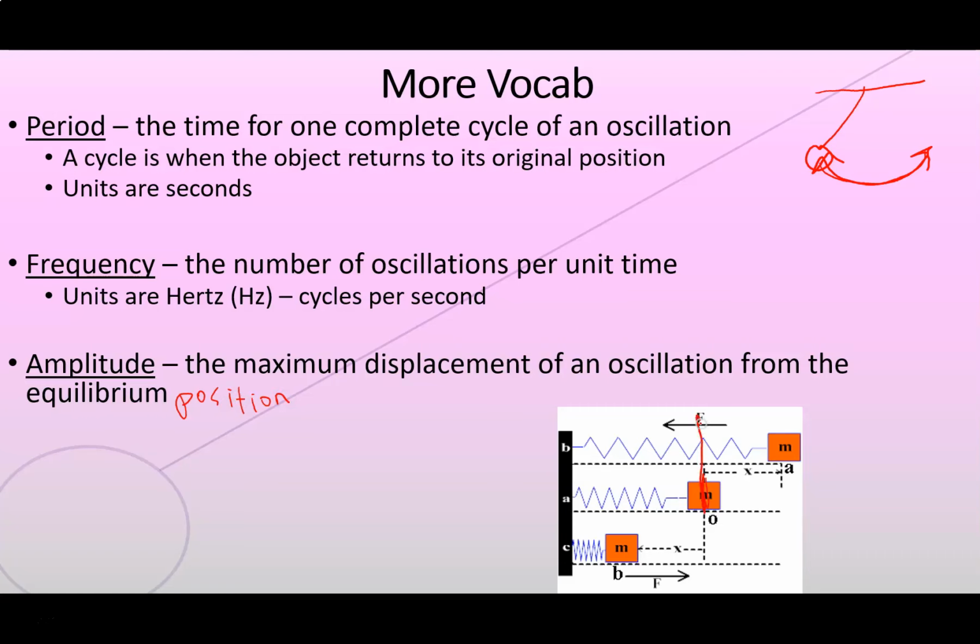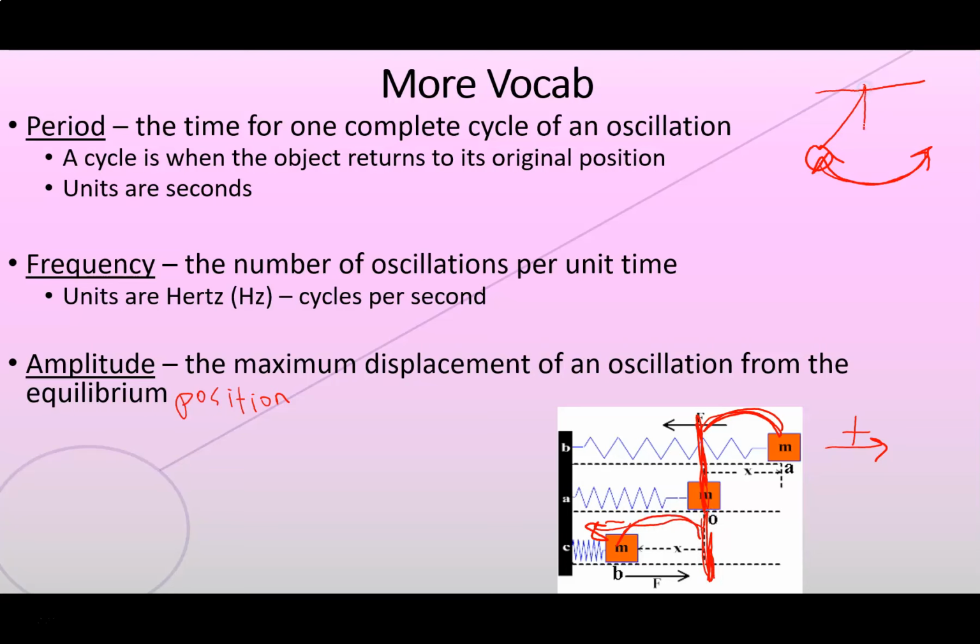And the amplitude can be a stretch or a compress for a spring. So it can be negative or positive, because technically this would be the positive direction, and then back that way would be the negative direction. So again, here is where the equilibrium position is in this diagram, and then this distance is the amplitude.